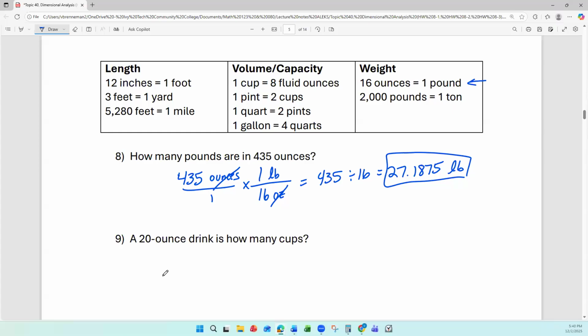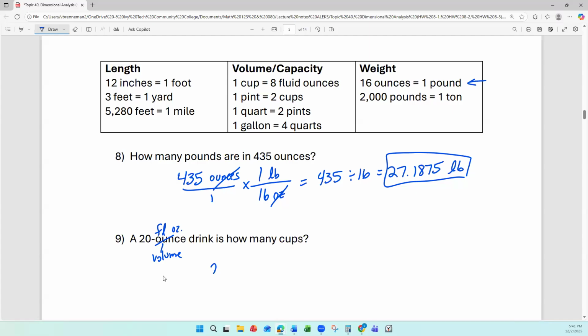And then a 20-ounce drink is how many cups? This is because it's talking about a drink, a liquid, wanting cups. This actually means fluid ounces, to be clear. So this is not the pounds and ounces weight. This is the volume. But you will very frequently see it just referred to as ounces.